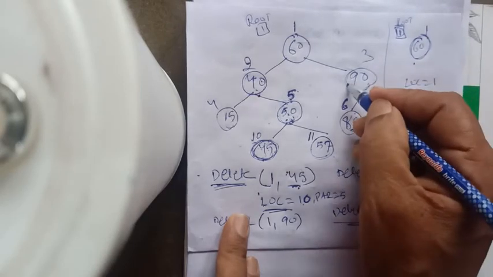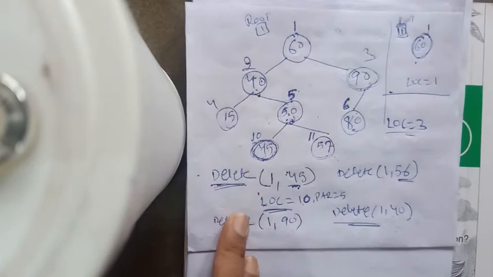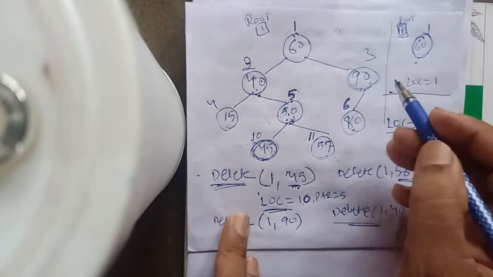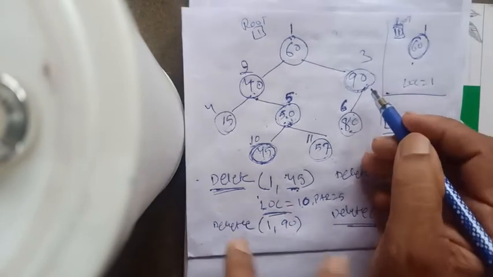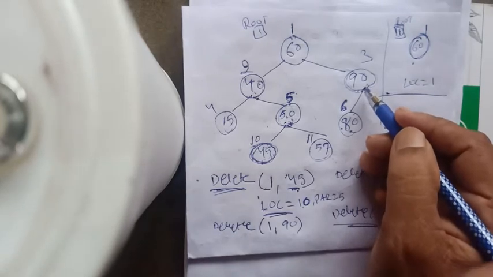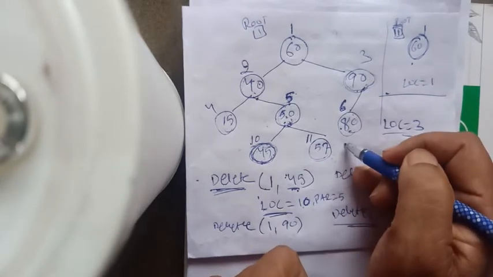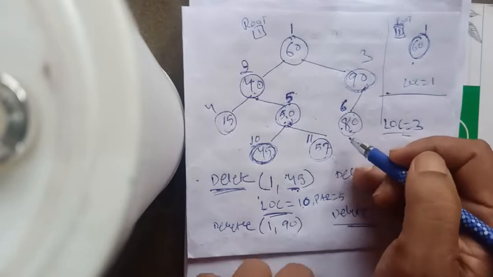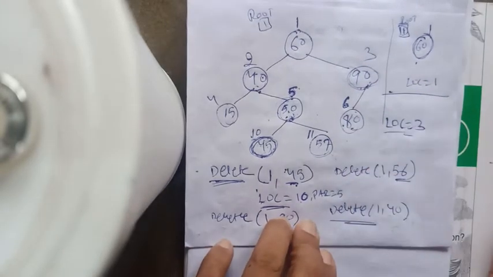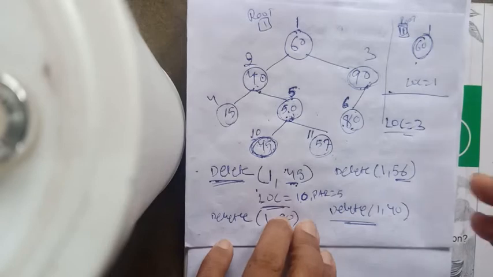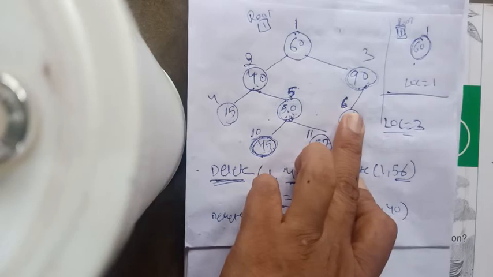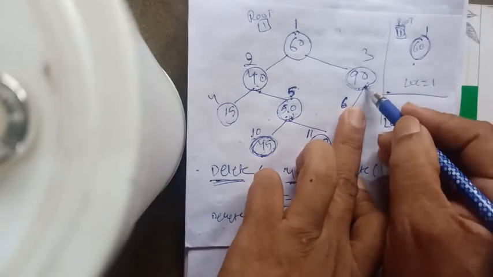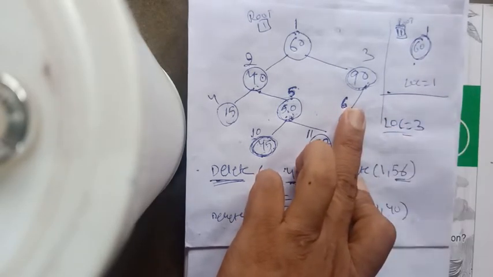But if we remove 90, then what should we do? See, no matter whether the child is in the left or right. That child could be in the left of 90 if it is less than the value of 90, or in the right of 90 when it is more than 90. If 90 has one child and that child is 110, then that value would be in the right. That is not an issue.